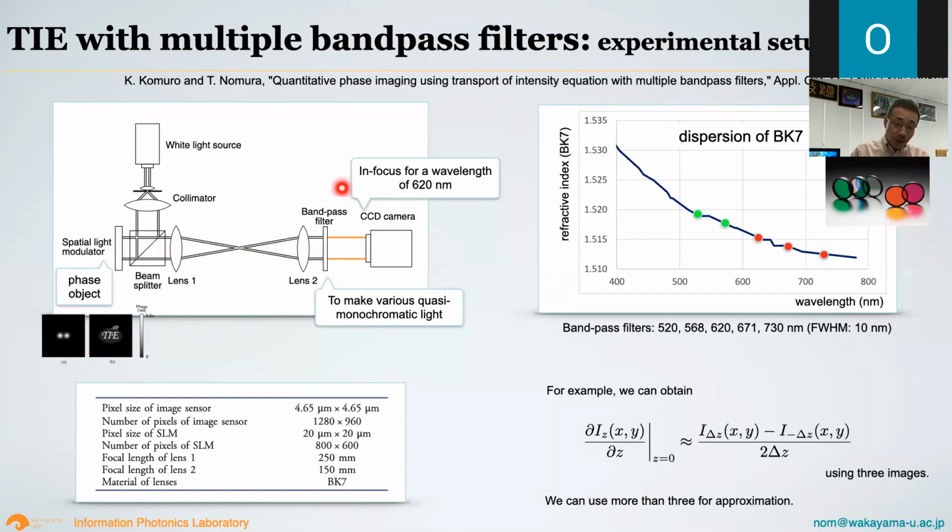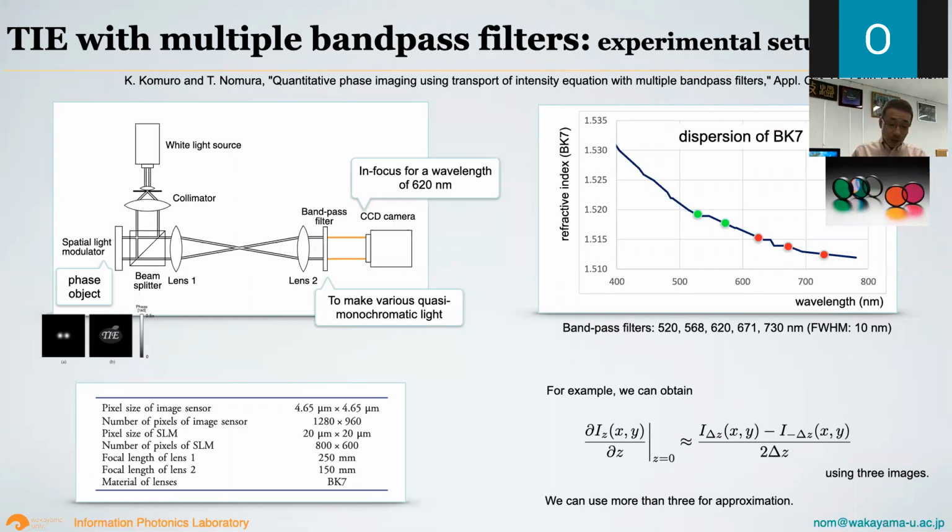So we use bandpass filters. So in this case, 1, 2, 3, 4, 5 bandpass filters. The central wavelengths are 520, 568, 620, 671, 730. The full width at half maximum is 10 nanometers. It's very short, a very small bandpass, very sharp, almost monochromatic.